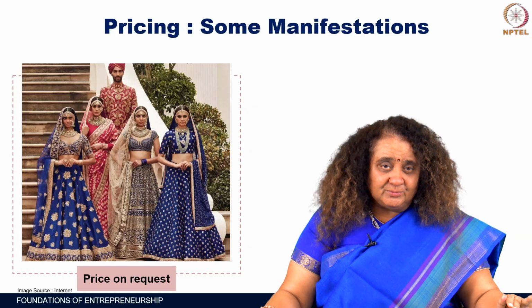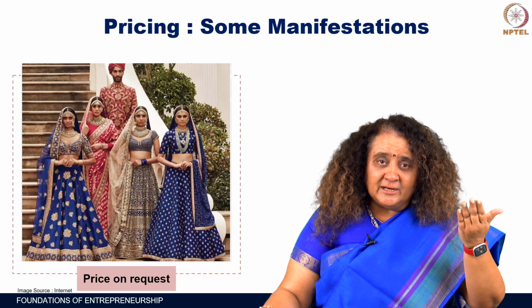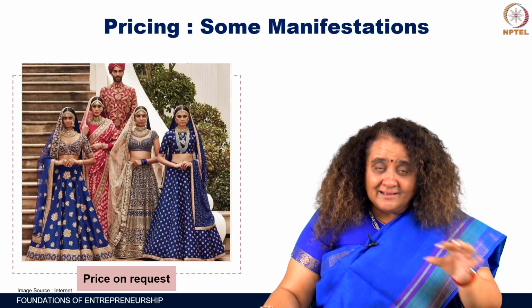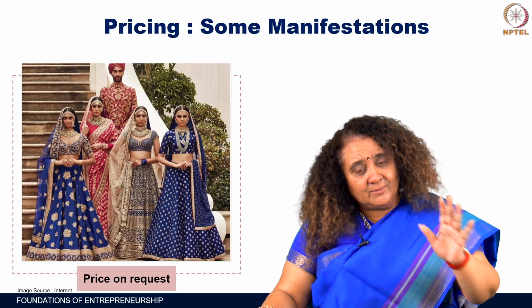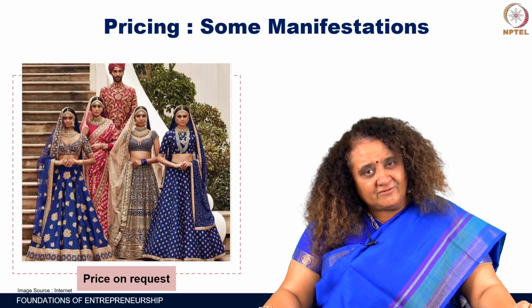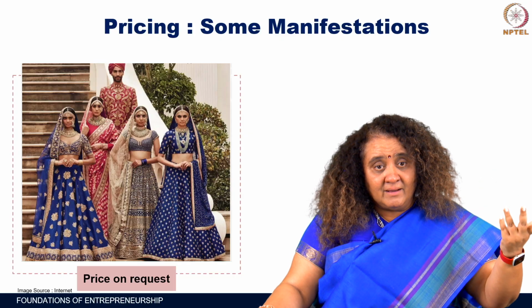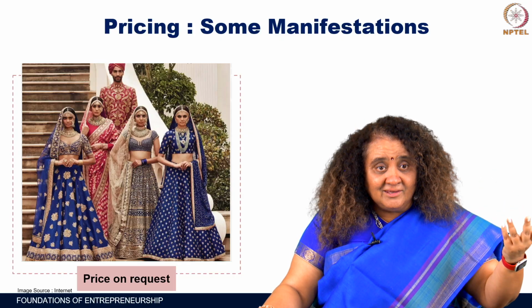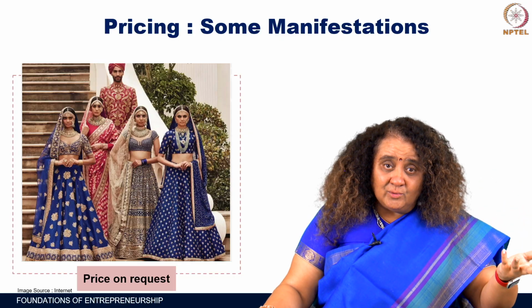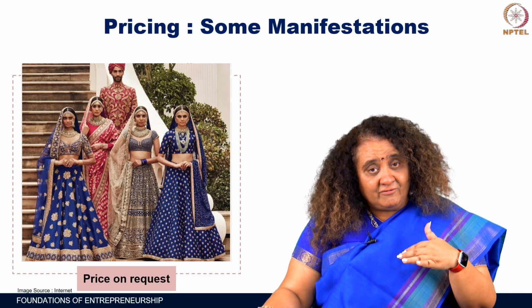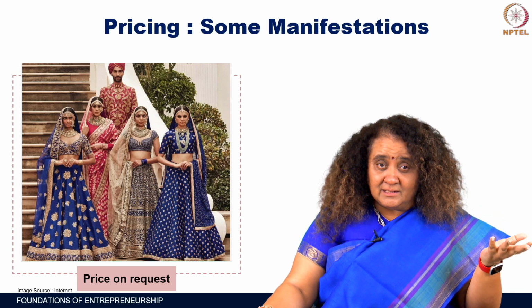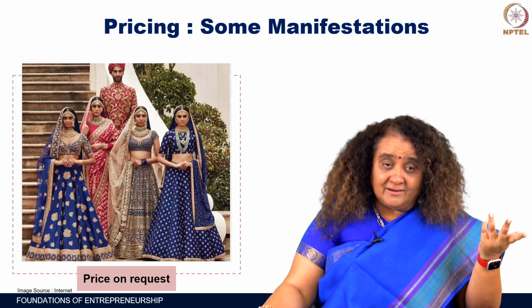Cost plus, which is produce at the lowest, put in a small profit and sell. Competitive pricing, and this one is an example of perceived value pricing. I might value that at some level, my younger niece might value it differently. I am paying for it with my money, my younger niece is paying for it with her parents' money.